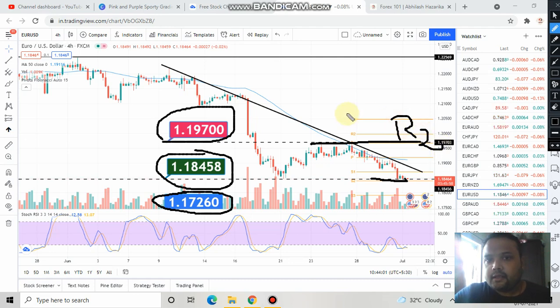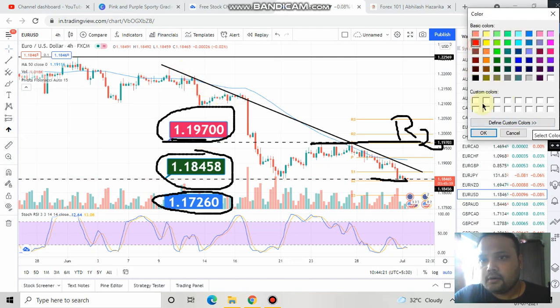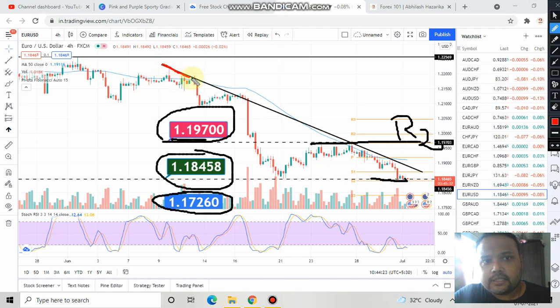And you can see that this trend line is also acting as a resistance for the market. We have this level 1.1970 as the static resistance, and on the other hand we have this trend line as the dynamic resistance for the market.